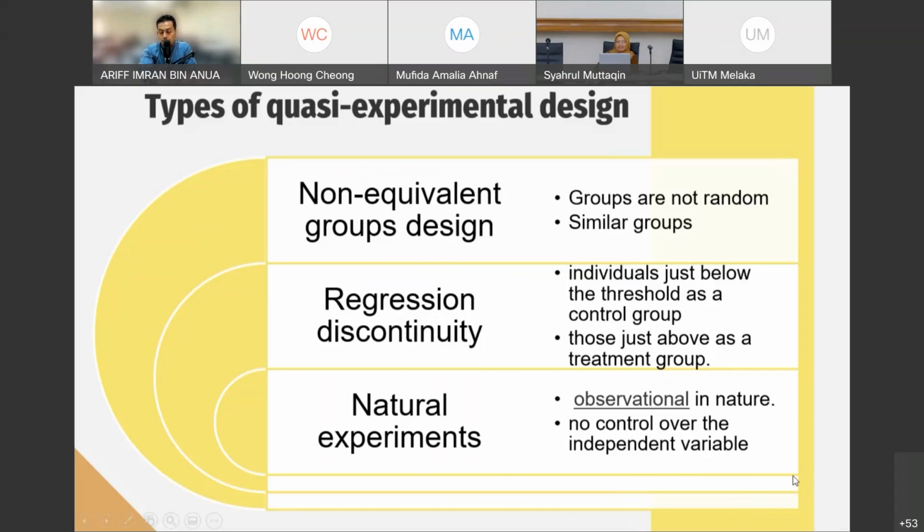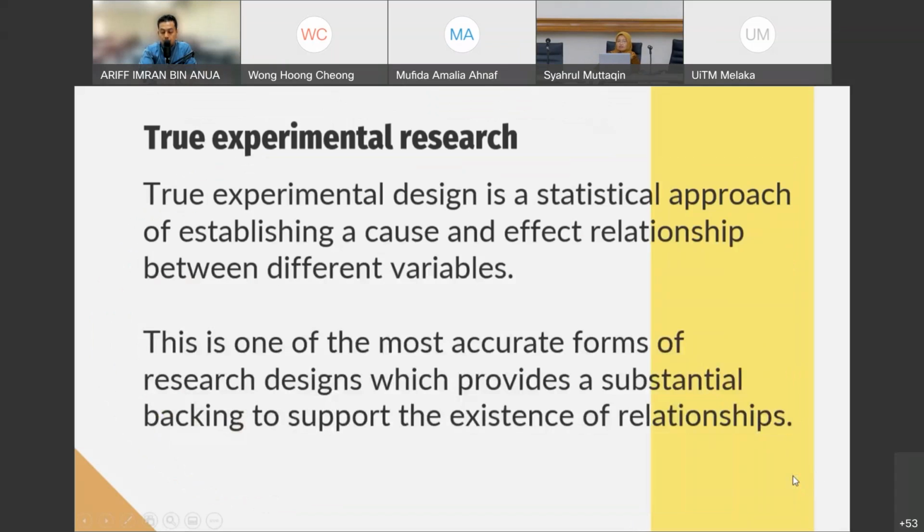And for the next is through experimental research. This is the highest, yeah.